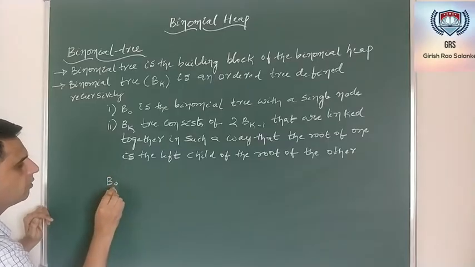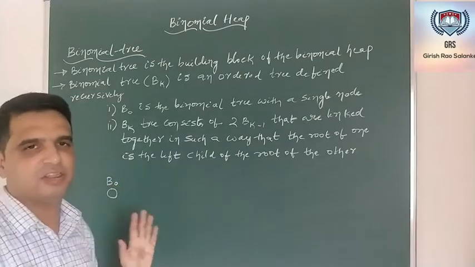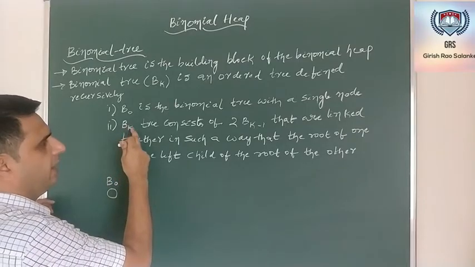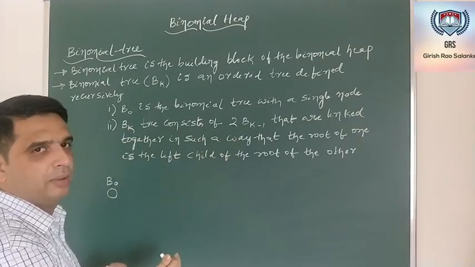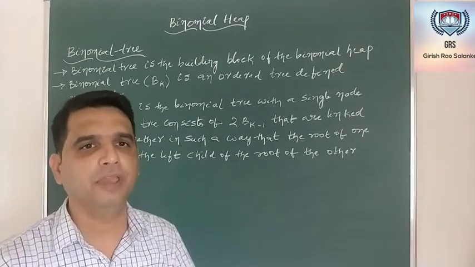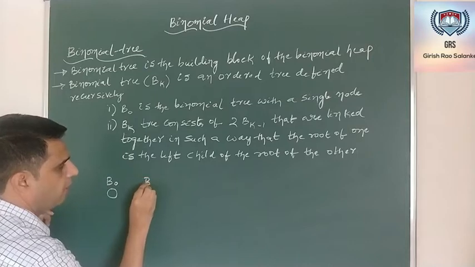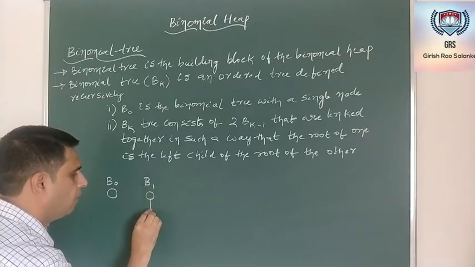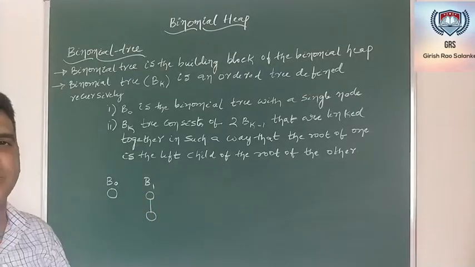This is B0, only one node. So this is a binomial tree. Or it can be Bk, wherein it has 2 Bk minus 1. In the sense, if I club 2 B0s, it becomes B1. B1 is obtained on adding 2 B0s.